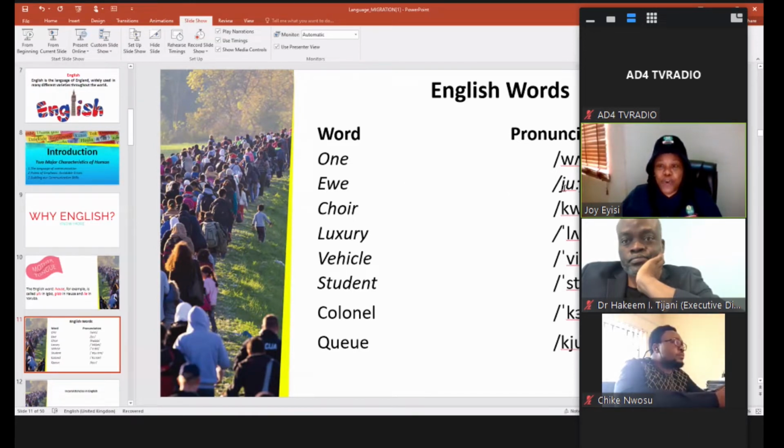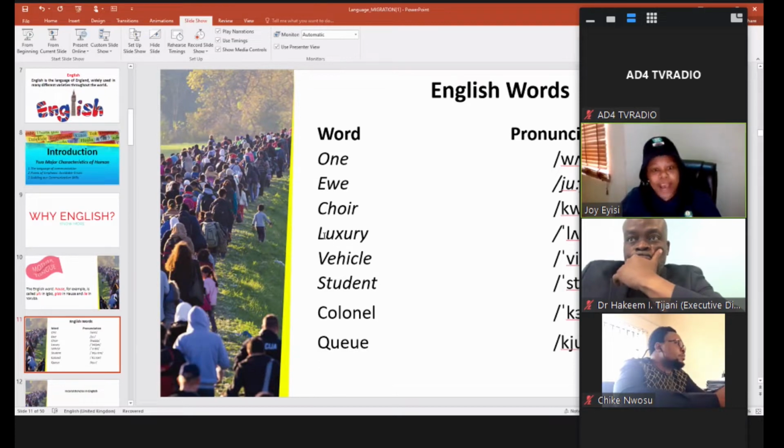Pronunciation is U. It is a homophone with Y-O-U. C-H-O-I-R, choir. Far away from the spelling, is away from the pronunciation. And so you can see the spelling of a word here in English is not a guide to its pronunciation.